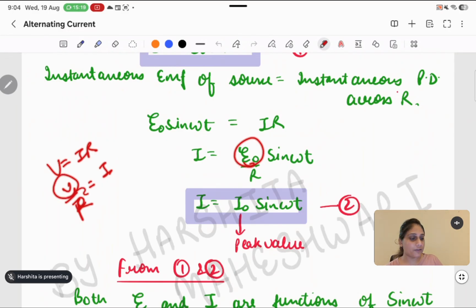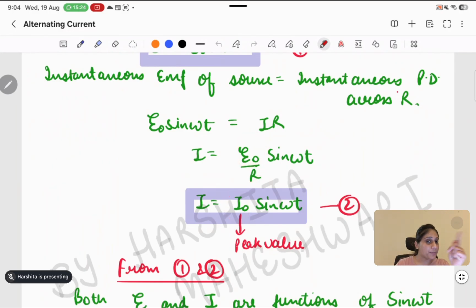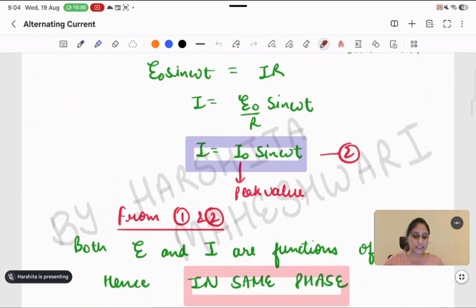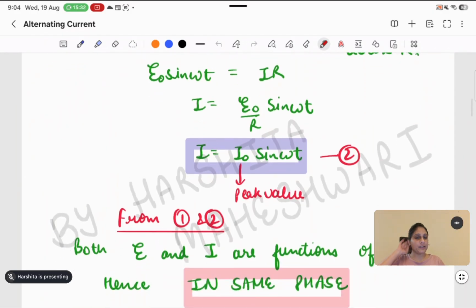So we write E naught by R as a whole as I naught. In the previous lecture, we already understood that this I naught value is basically a peak value. So we got the relation of current now in a purely resistive circuit.